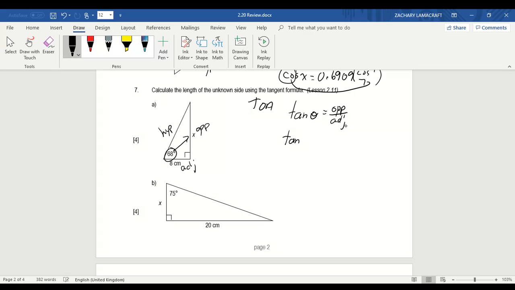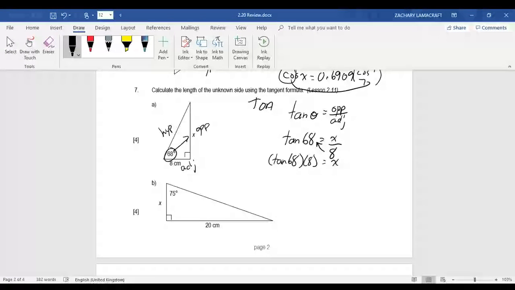So in this case, we could just fill in the following. So tan 68, because that's the angle, equals opposite, which is x, over adjacent, which is 8. So x divided by 8. If I want to get rid of that and keep x by itself, I have to do the opposite operation of division, and that would be multiplication. So tan 68 times 8 would be equal to x.